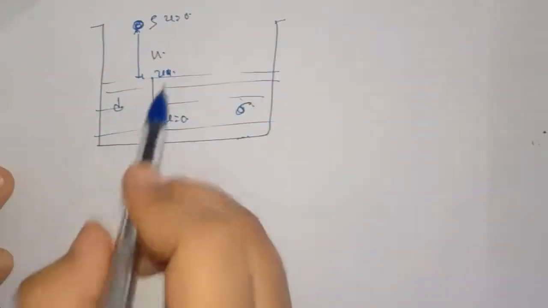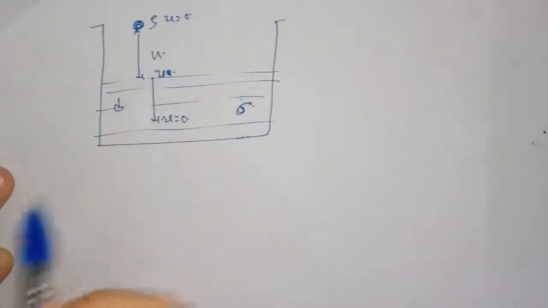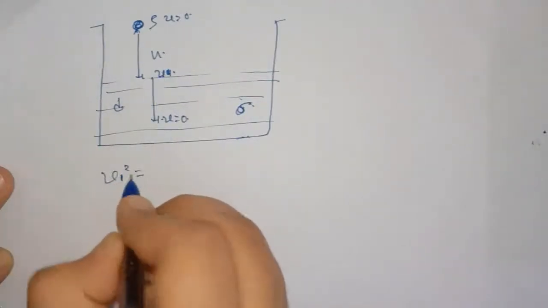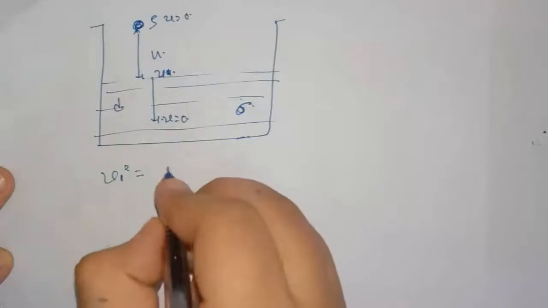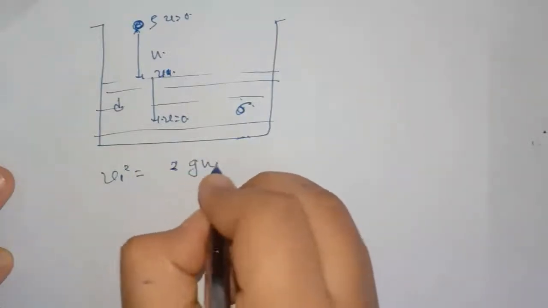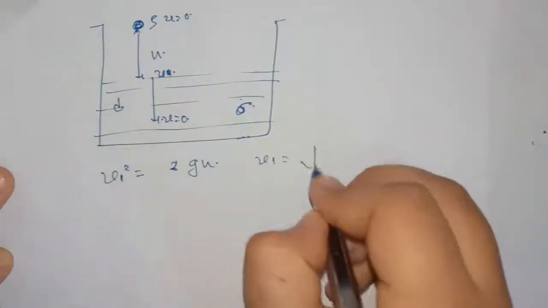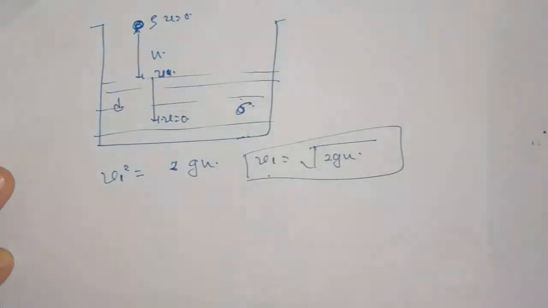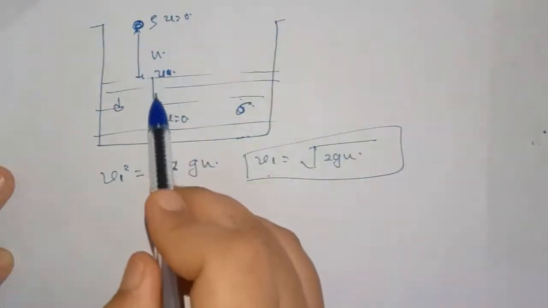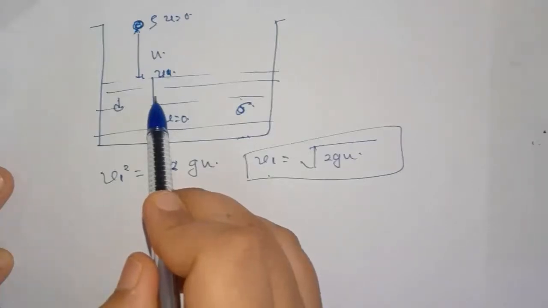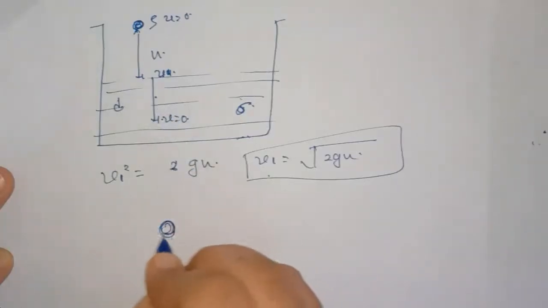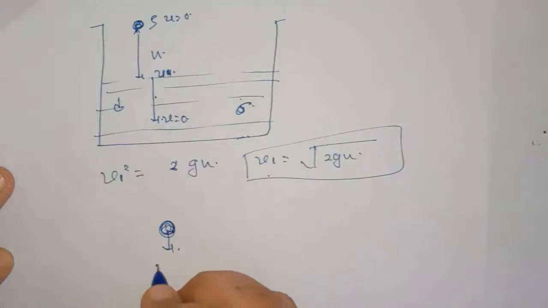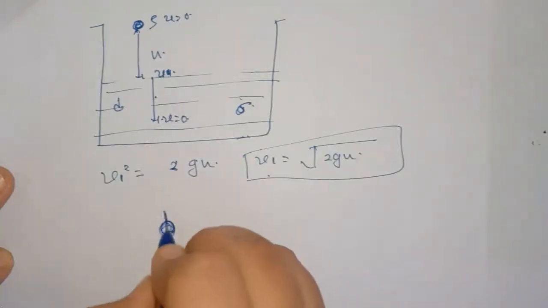First, let us find the velocity v1. v1 square is equal to 2gh, so v1 is equal to under root 2gh, as u is 0. Now, once the body enters inside the fluid, there will be two forces: weight in the downward direction and upthrust in the upward direction.